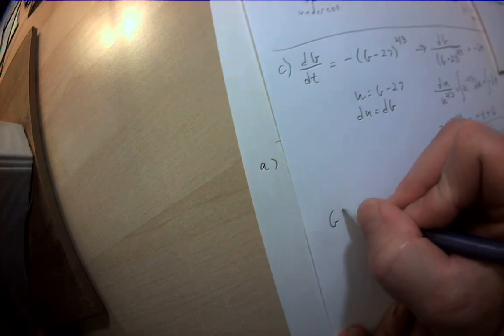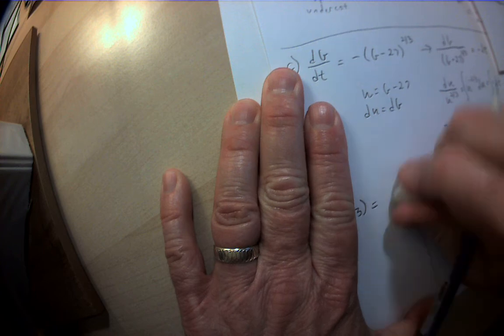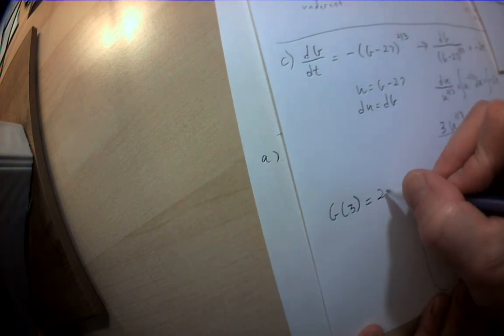They want g of 3. So g of 3 equals 27 plus ((12 minus 3) over 3) to the 3rd power.